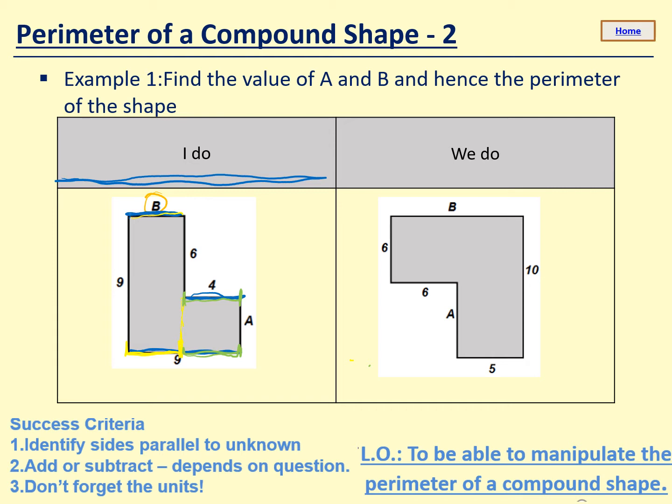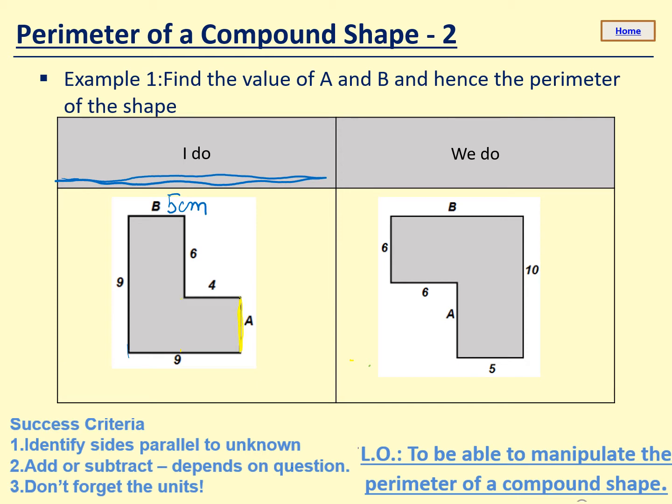So to work out B, I need to take away 4 from 9, and that's what I'm left with, this bit, which is equal to B. So B is 9 minus 4 equals 5. Okay, so I know that my B is 5, so this is 5 centimeters.